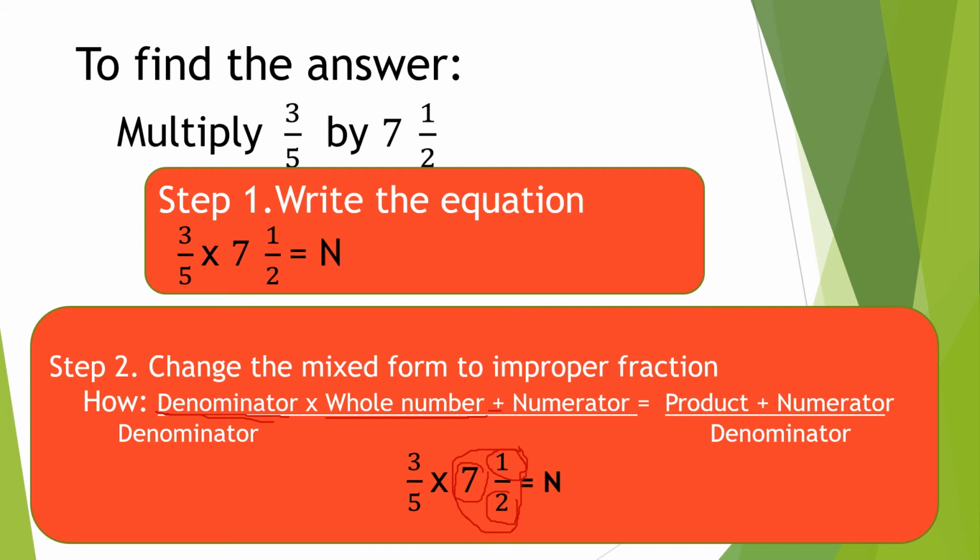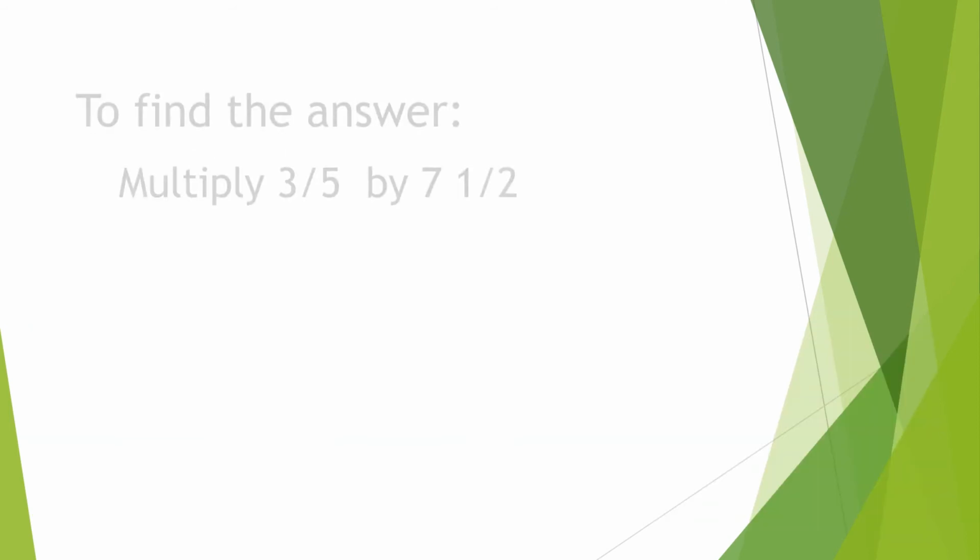So 2 times 7 is equal to 14, plus the numerator, which is 1, that is equal to 15. Okay, then copy the denominator, which is 2. So that is how you change the mixed form to an improper fraction.